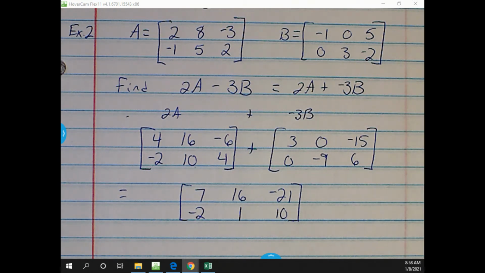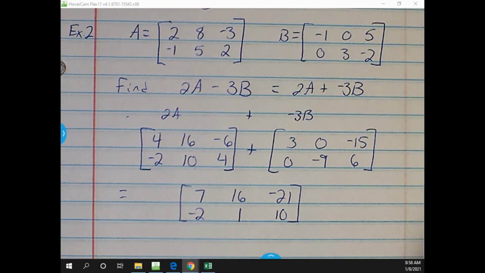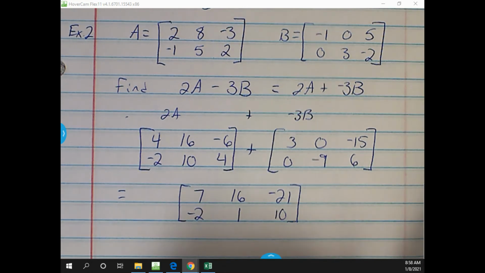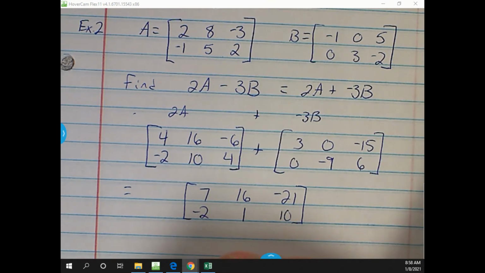The second thing we're going to do is similar to this, but a little bit different, and there's a couple options you can do. I'll show you both options. They're going to ask you to solve a matrix equation with scalars.